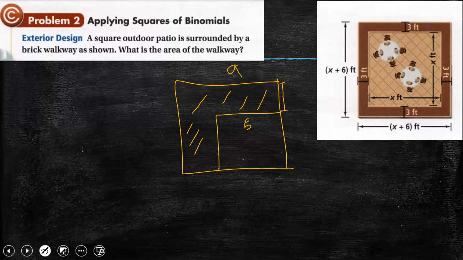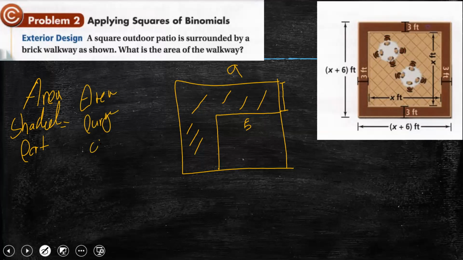To find the area of the shaded part, you will say that it is the area of the large square minus the area of the small one.